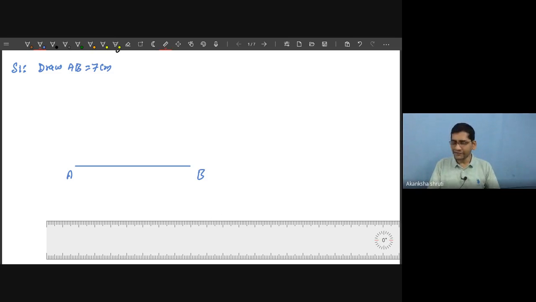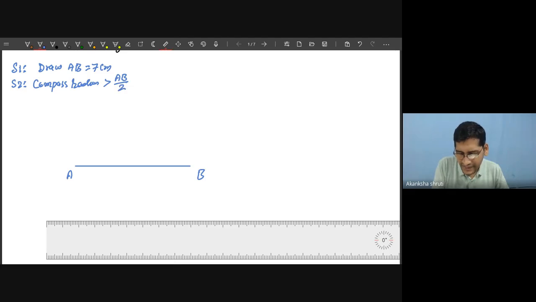After this, what you have to do? You have to take the compass. Take the compass radius greater than half of AB, that is, greater than AB by 2.